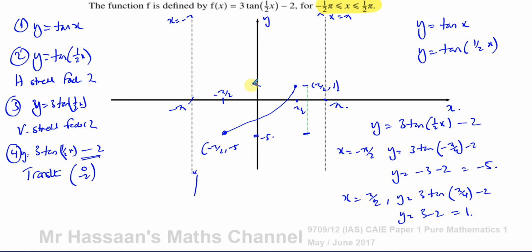So that means the range of f of x is between minus 5, including minus 5, up to 1. That's the range of f of x. So therefore, that will be our domain of the inverse function.